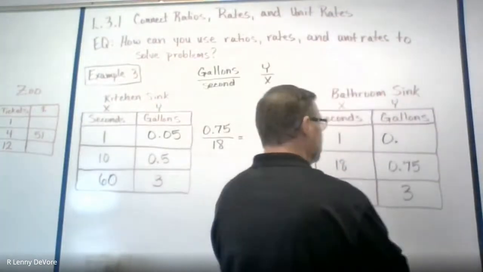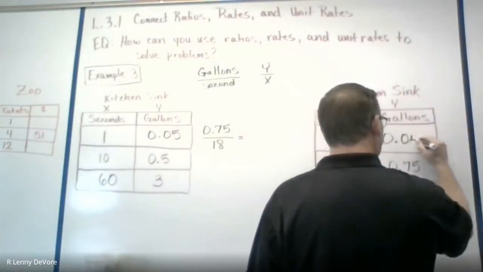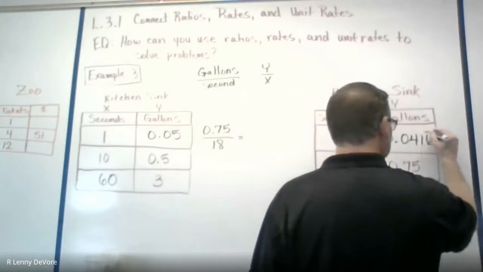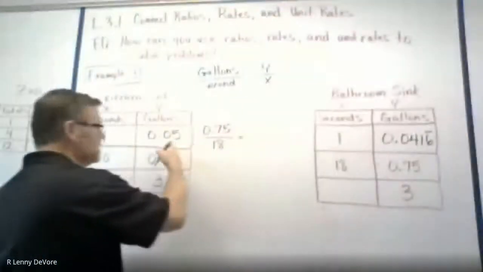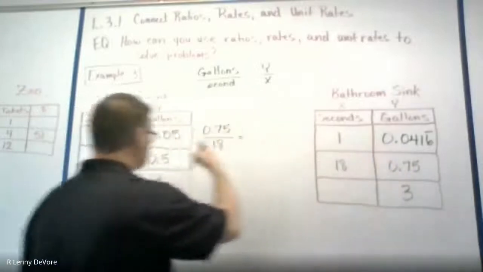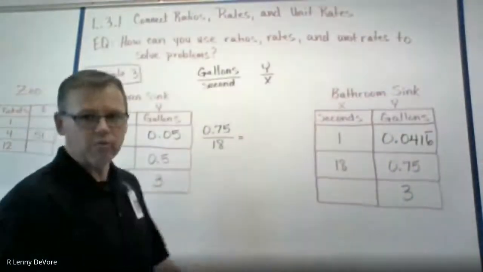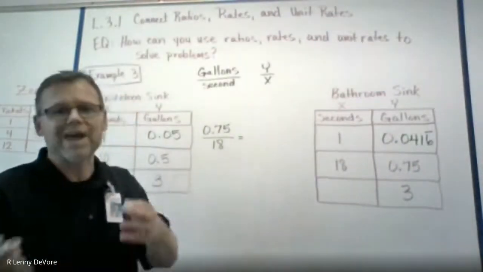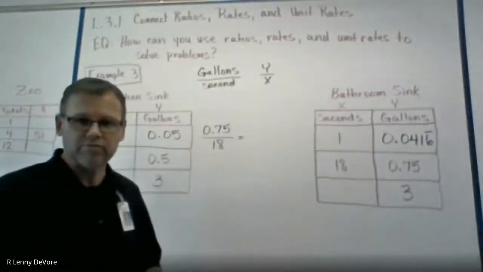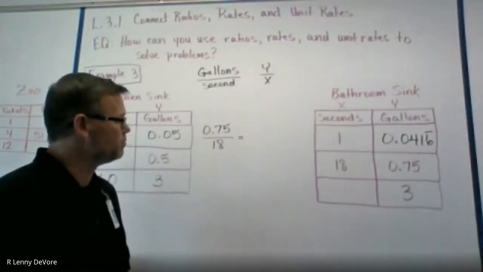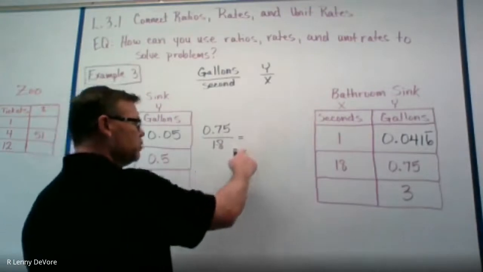It's actually 0.0416 repeating, because I was looking and these didn't even look close. You see what I'm saying? That's where I'm talking about when you use a calculator, when you're writing things down, when you're reevaluating stuff, use some common sense, okay? So that's what this equals.